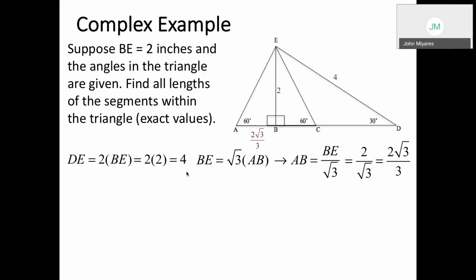Now BC is going to have the same length as AB because segment BE splits the equilateral triangle in half. So that makes BC also equal to 2 square roots of 3 over 3, and we'll label that side here as well.